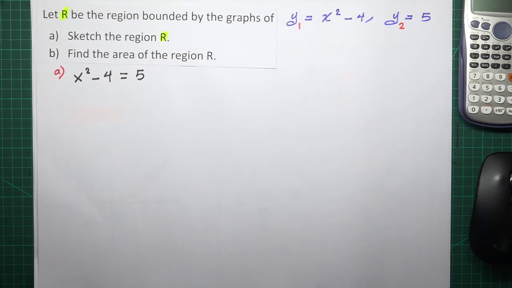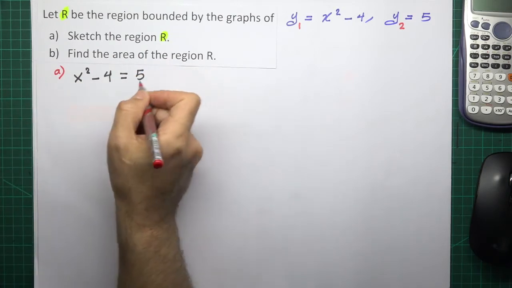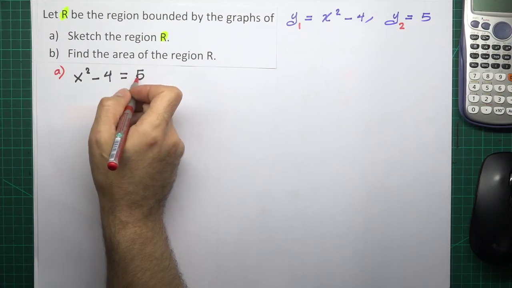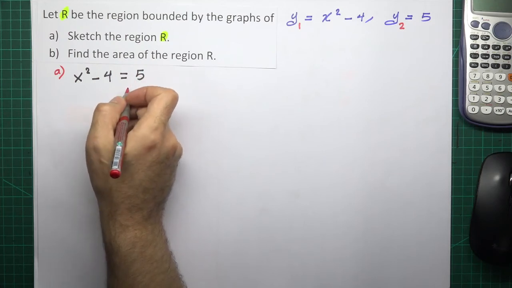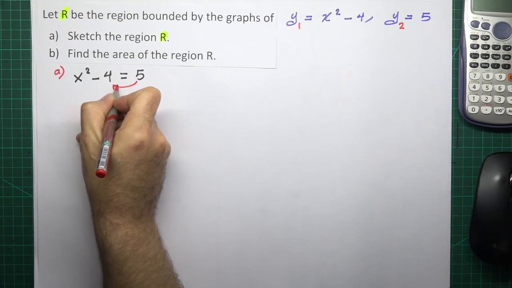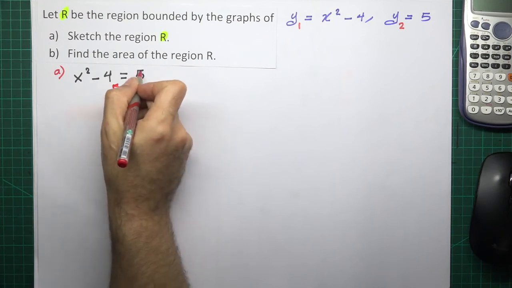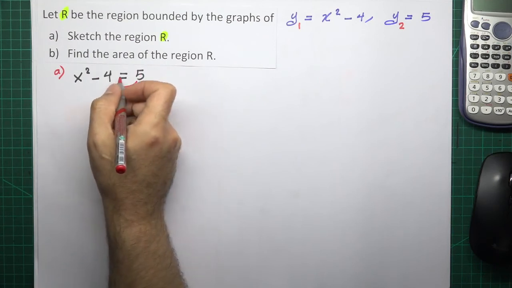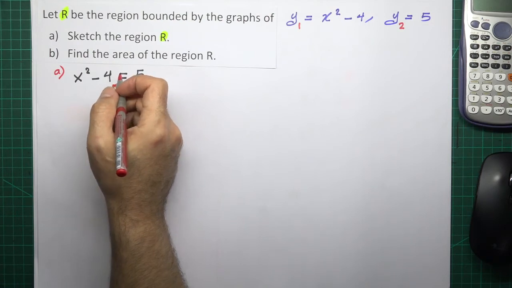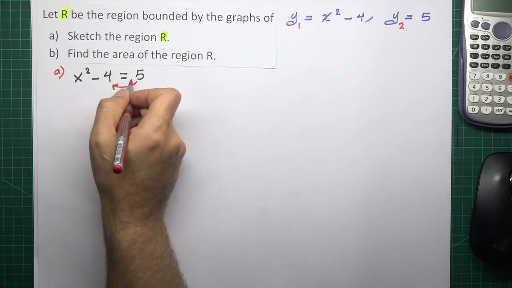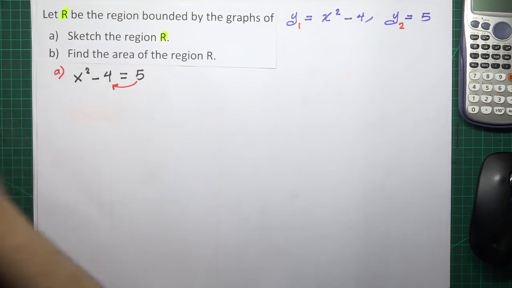Now to solve this we have two options. We can shift minus 4 to the other side and take the square root, or we can shift 5 to the left side, which I prefer. I recommend you students shift 5 and make it equal 0. Of course both solutions are right, but this one is secure and applies to all quadratic equations.